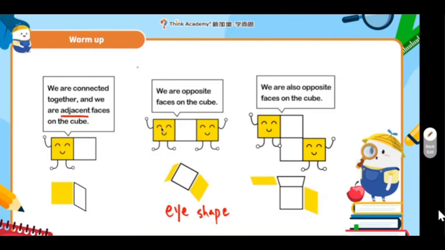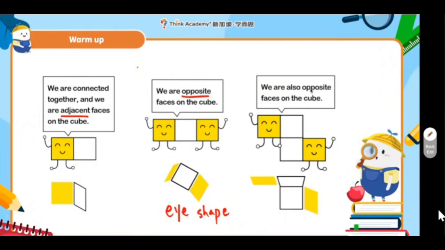The I shape can help us find opposite faces on the cube, okay? You can see this is just like the eyes, and this is just like the nose. I drew a big pig nose. And then around it, you see the I shape can help us find opposite faces.